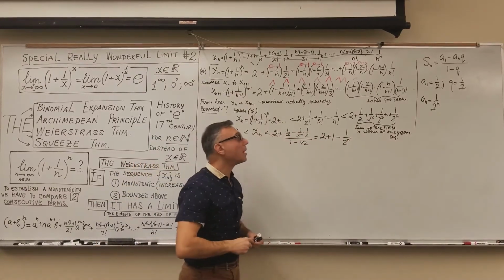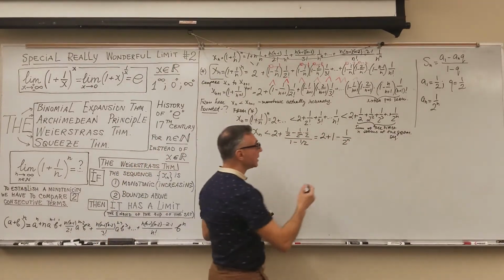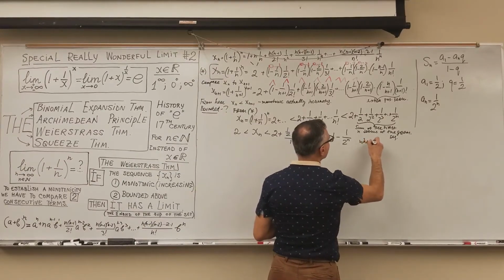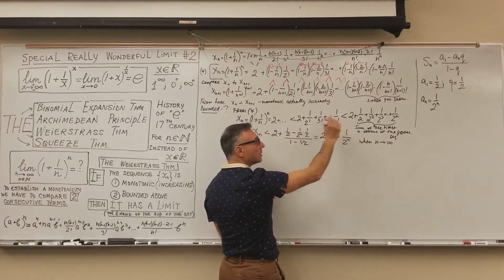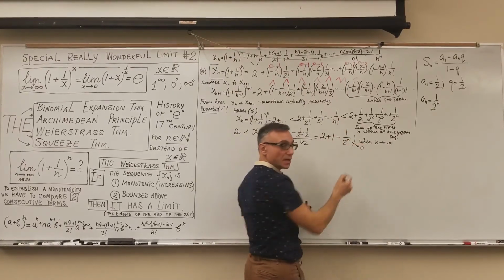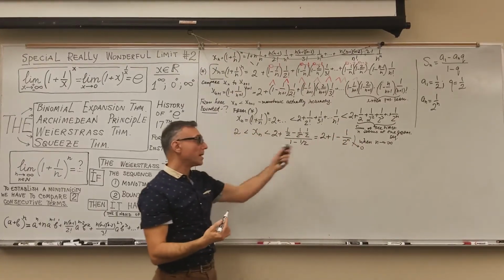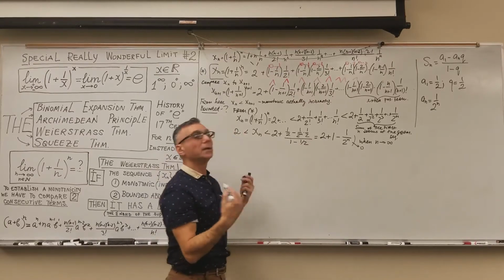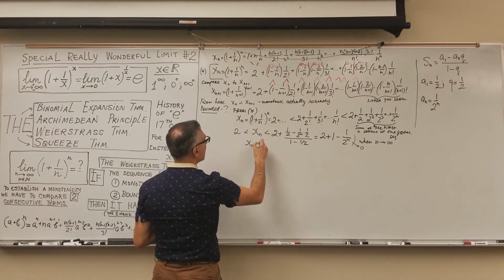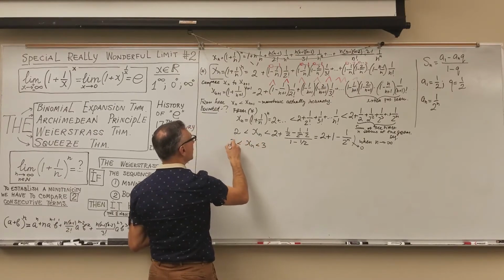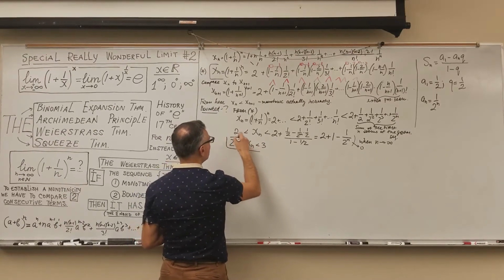That's the upper estimate bound. And when n goes to infinity, this term goes to 0, and my upper bound will actually be 3. So from here we can say that xn is less than 3 and more than 2.